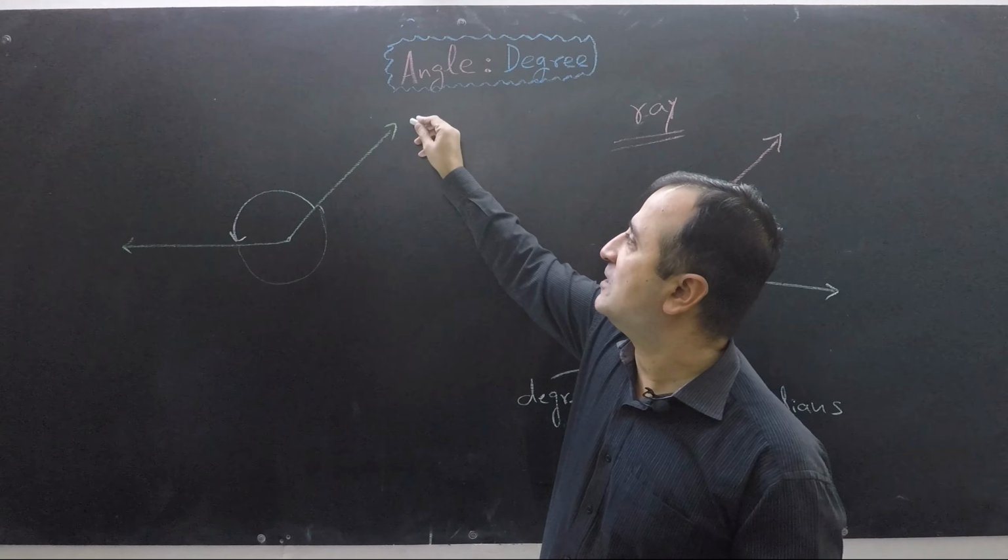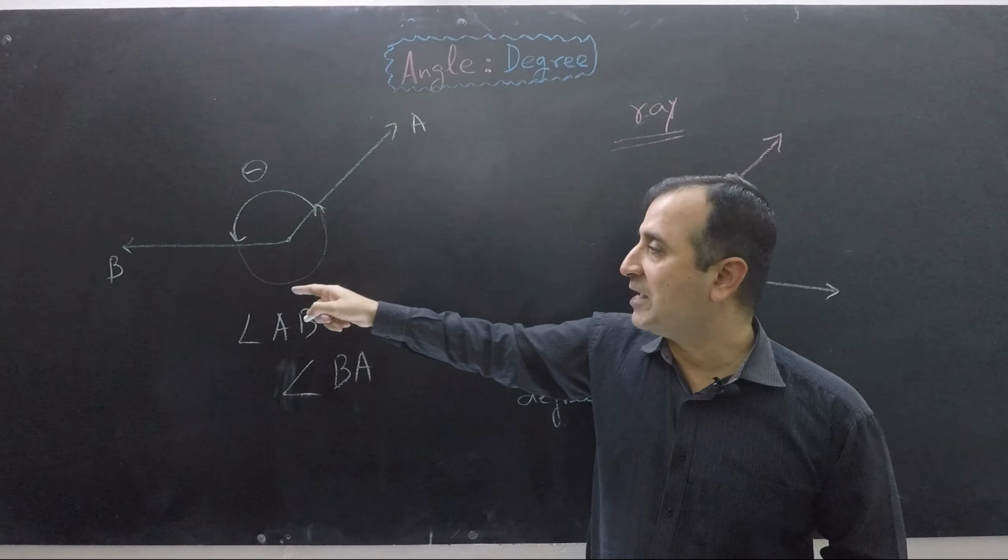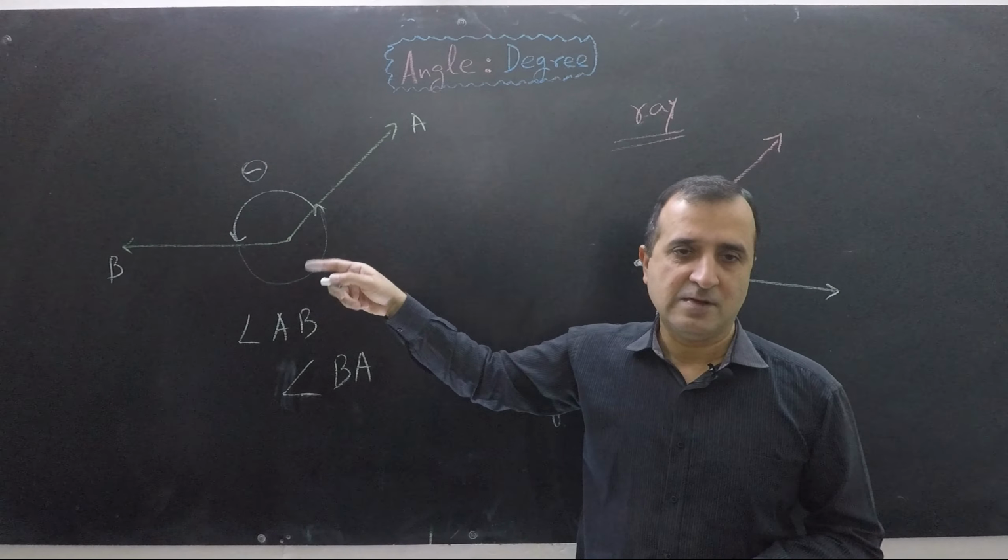So you can say if this is A and this is B, then we usually denote the angle like this. The angle between A and B is theta, whereas the angle between B and A, the symbol is not an L, but like a tilted L, we can represent with some other Greek symbol, let's say alpha.